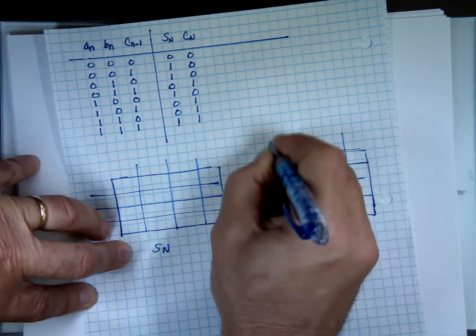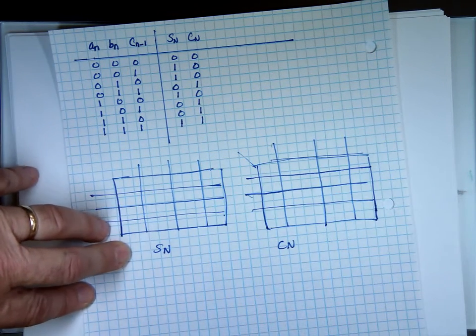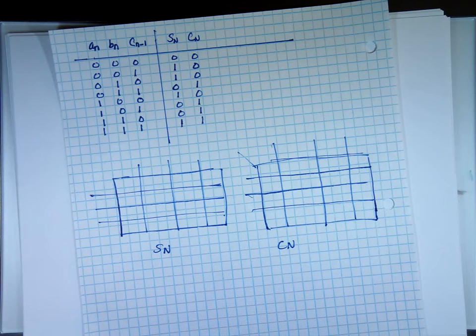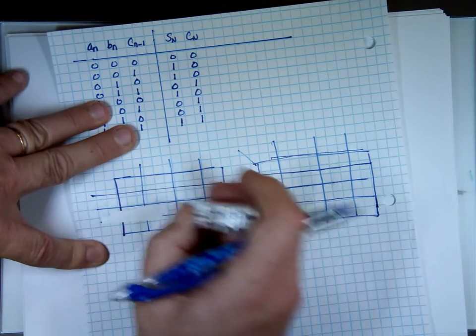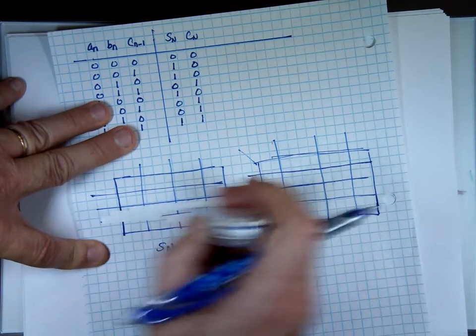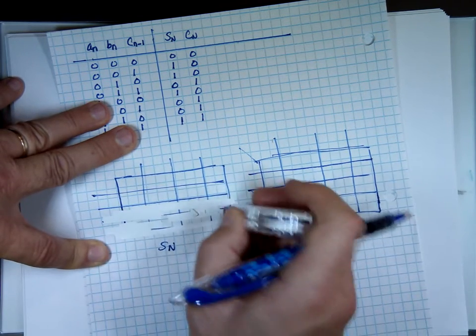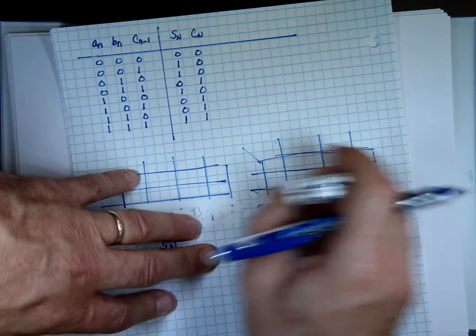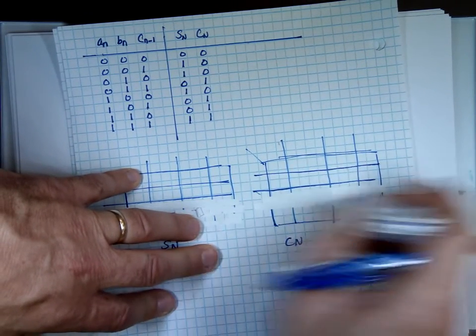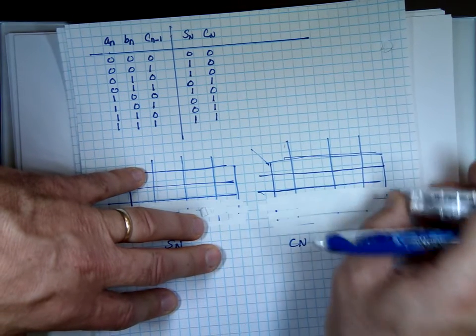Oh, wait a minute. Shoot. That's the 3 input K-map. I didn't realize till I finished here. So the bottom 2 are gone, right? I don't have 4 inputs. There goes my whole whiteout. 3 input. Fell asleep there.